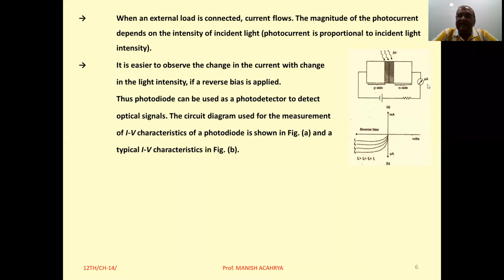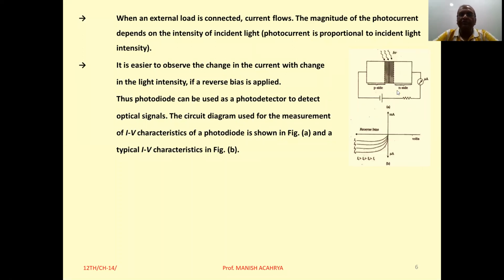So if current is constituted in the outer circuit, it means that due to incidence of light, electron-hole pairs migrate towards the n-type and p-type semiconductor respectively, and the current is constituted. So if light is incident, only then this happens. So we can say the photodiode detects light.